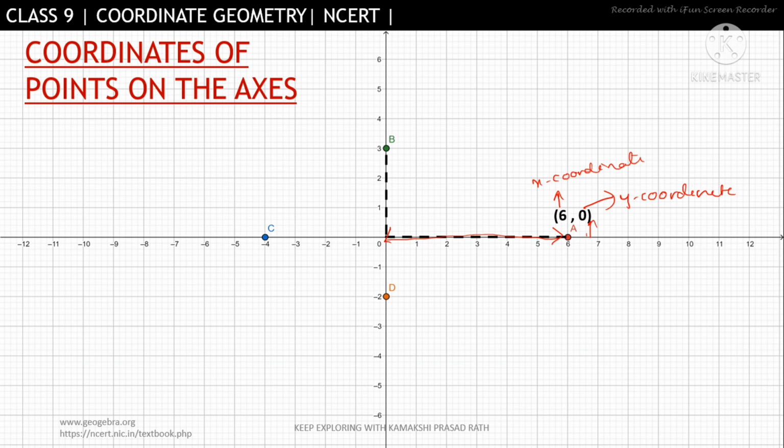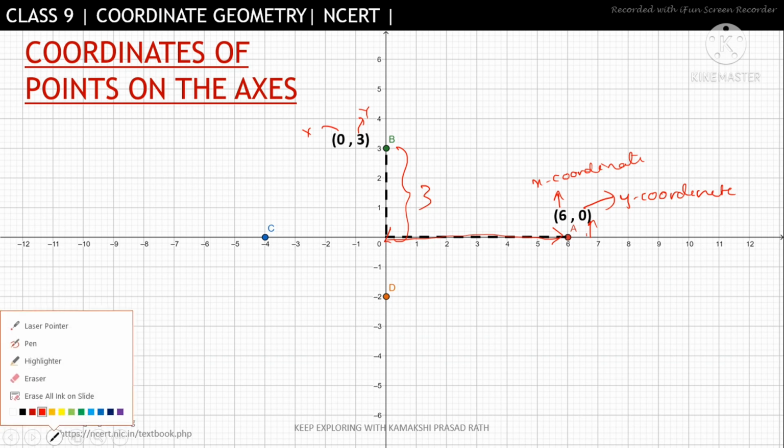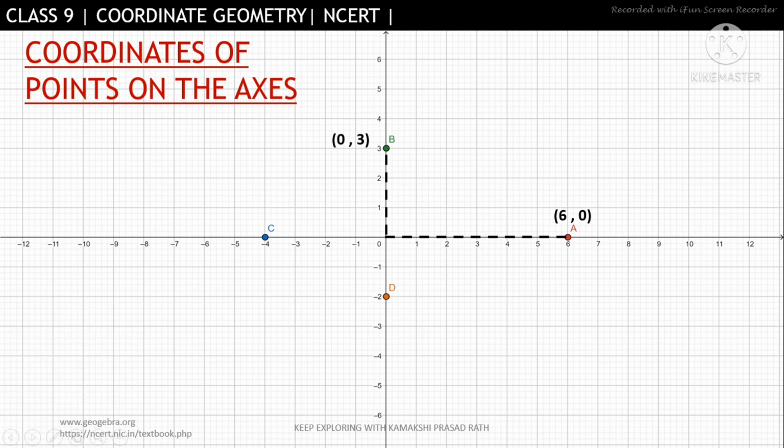So the coordinates come to 0, 3, because 0 is the x coordinate and 3 is the y coordinate. That means the point B does not move along the x-axis, it only moves along the y-axis.